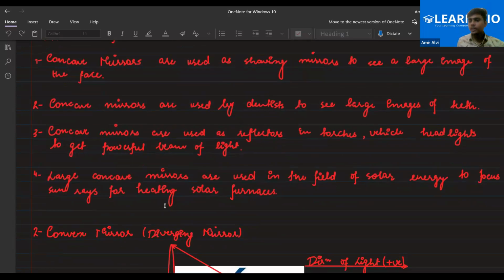Solar furnaces are there to melt steel, iron and other metals, because melting steel, iron and other very high melting point metals requires a very high amount of fuel. To avoid that fuel consumption, solar furnaces are used, so that a renewable source of energy is used instead of a non-renewable one.